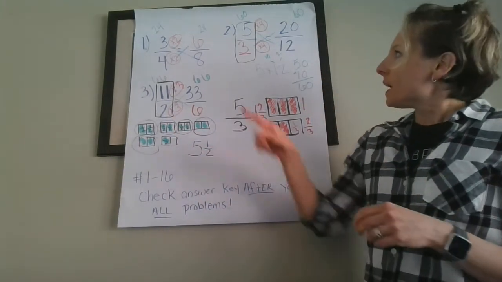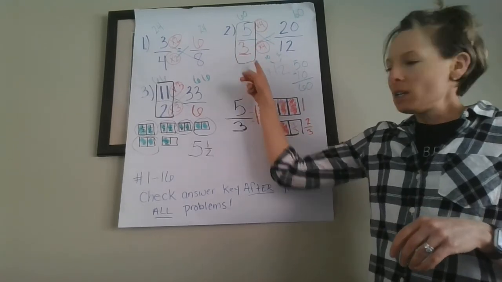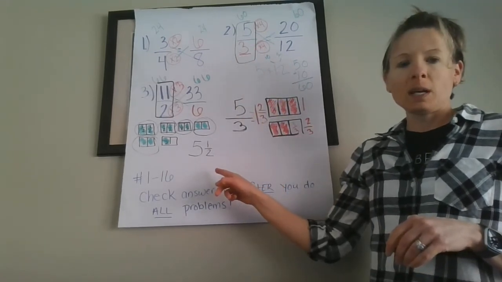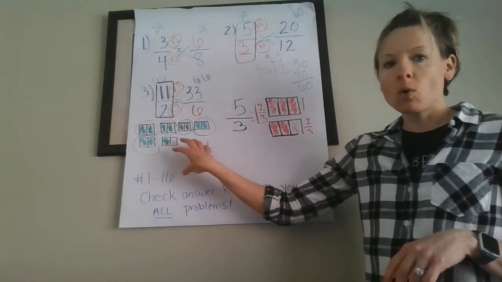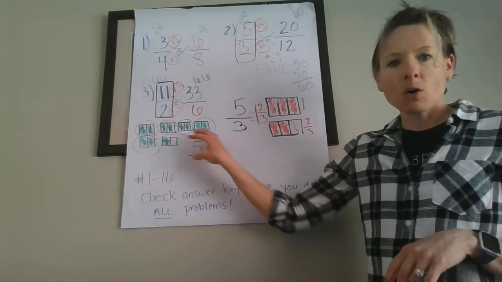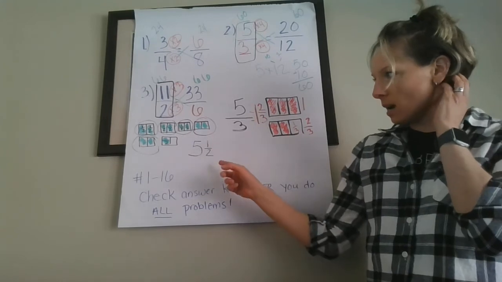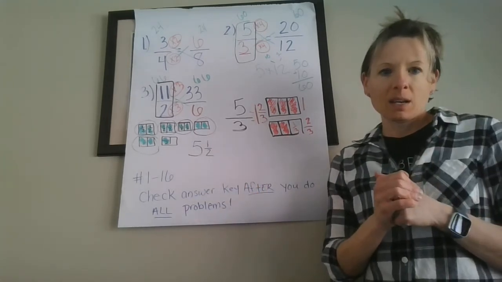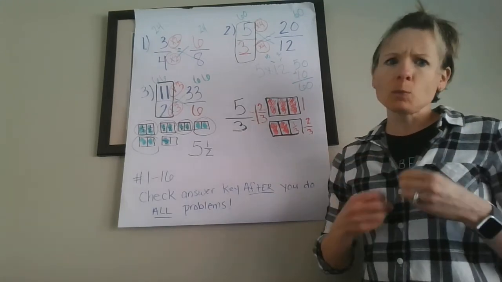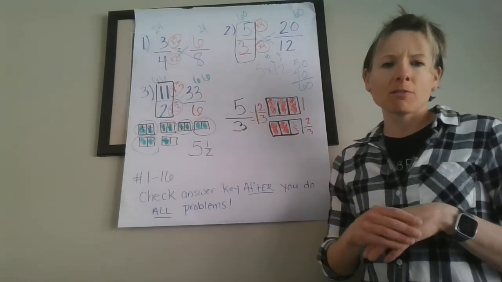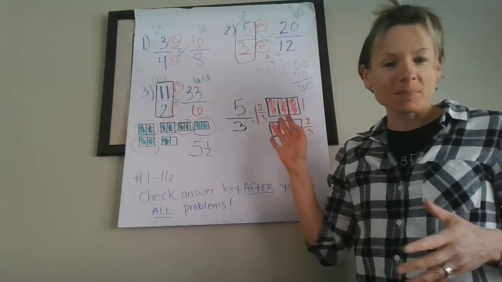Challenge yourself, and if you notice that the numerator is larger than the denominator, see if you can figure out what it would be if you put it into, this is called mixed numbers because it's a whole and then a fraction, a whole and then a part. So see if you could figure out how many wholes and how many parts it would be, just to challenge yourself if you want to. If not, if you're still really working on just getting the equivalent fraction, then just go through and do the regular work. That's fine. Okay?